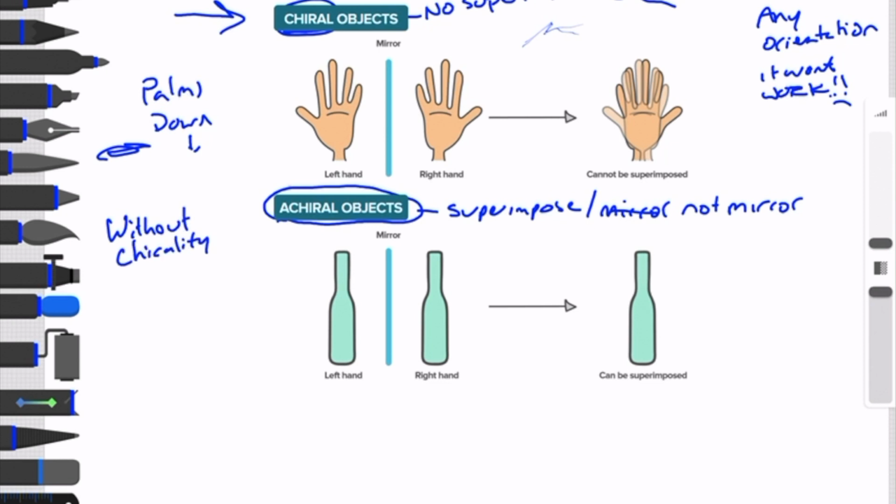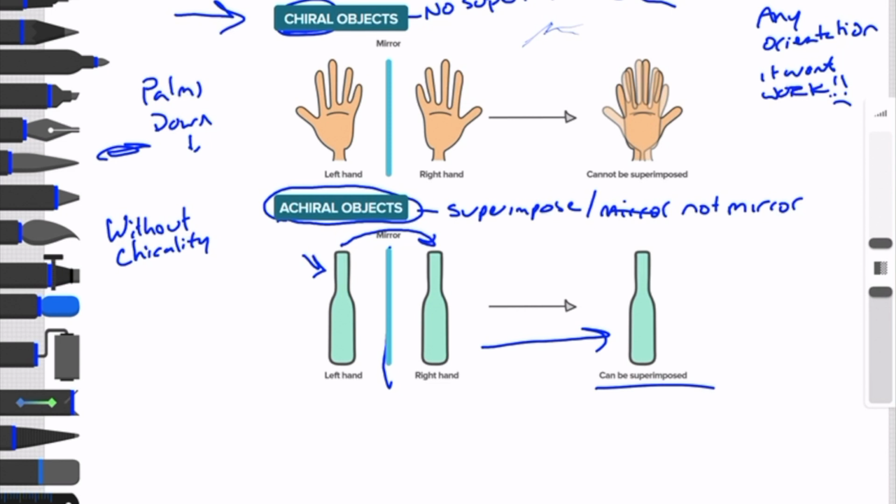So without hands. This means it will be able to be superimposed in some orientation. This one's simple, it's just a bottle. This type of orientation, mirror object, right here in the middle. You put this bottle on top of this bottle, it easily fits. So it will be superimposed.